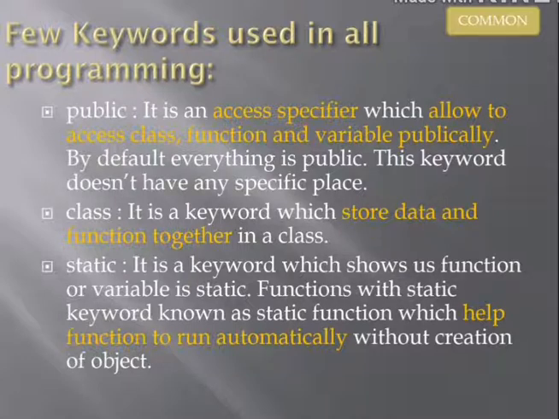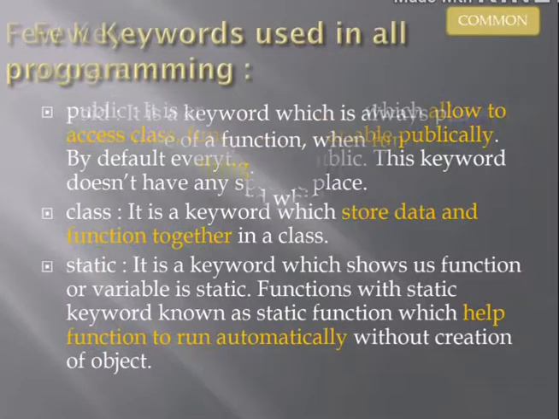Wherever you place static, it has a specific rule. Whenever you place it in front of a function, that function runs automatically. Means you are not supposed to create any object to run this function. Just remember this.